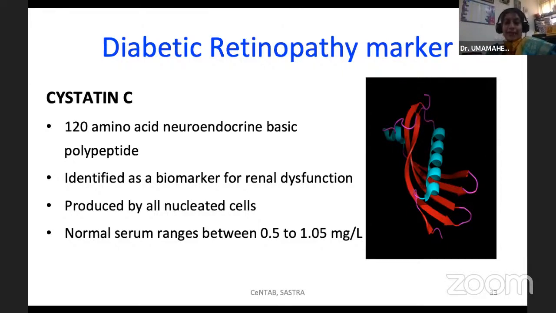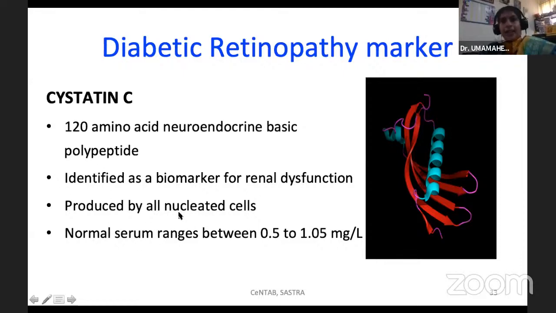But in this case, for diabetic retinopathy, the diabetic population in the UK as well as India show a very high level of cystatin C. Now, cystatin C is a polypeptide. This is a rendering of the polypeptide cystatin C, which has about 120 amino acids.